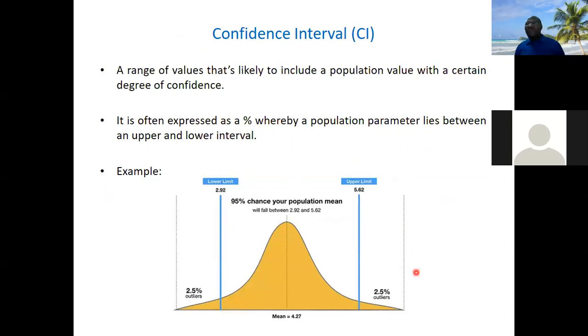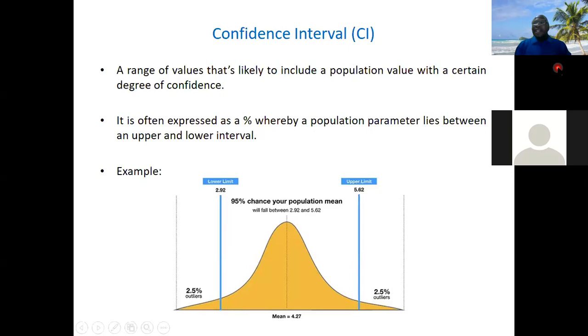Now, we have talked about point estimate and interval estimate. Let's now talk about the confidence interval. The confidence interval is a form of interval estimate. It's a range of values that is likely to include a population value with a certain degree of confidence.